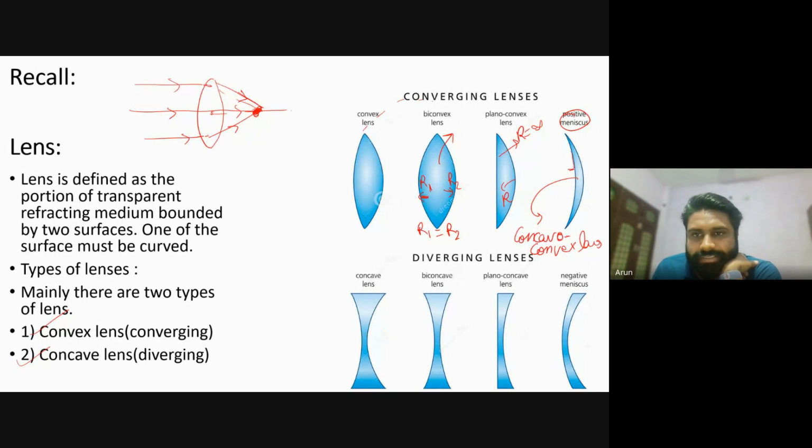This surface has a radius of curvature R1, and this surface has radius of curvature R2. In this type of lens, R1 is always less than R2.